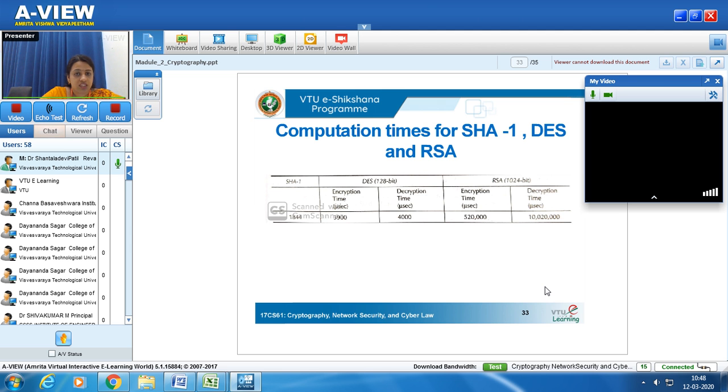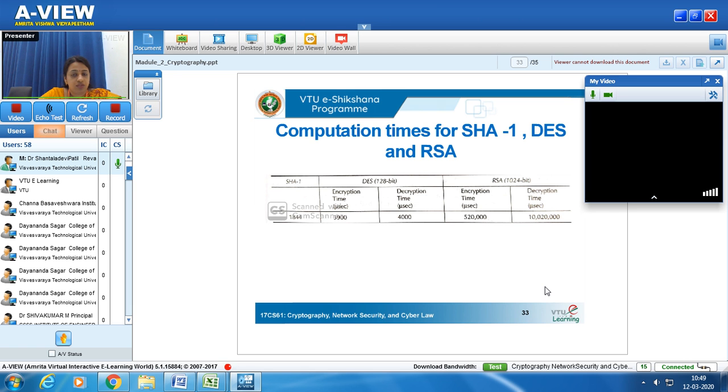So DES for encryption, and SHA for hashing, which is taking 1844 microseconds. Encryption for DES takes how much time? 3,900 microseconds. So there is a lot of difference between the time taken for SHA to calculate the hash value and the time taken by DES to encrypt the input.